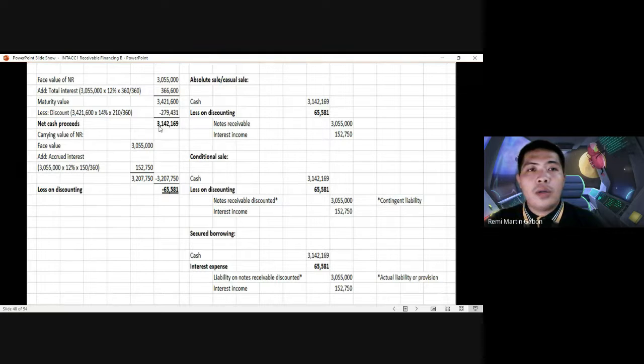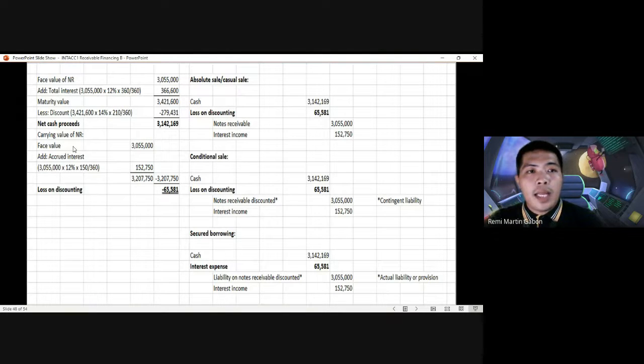The 3,142,169. Should Loud Company have waited the maturity date, makaka-receive sana ng 3,421,600. Kaso nga lang, diniscountan niya, May 31 pa lang, hindi pa sagad sa maturity, yung na-receive lang niya out of discounting is 3,142,169.